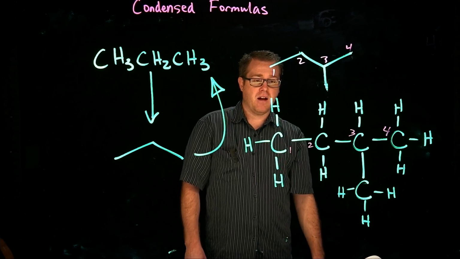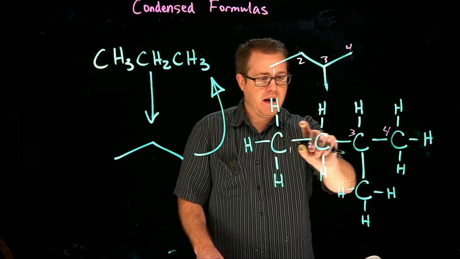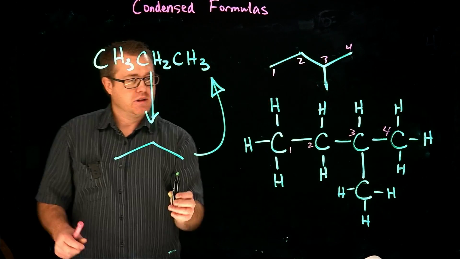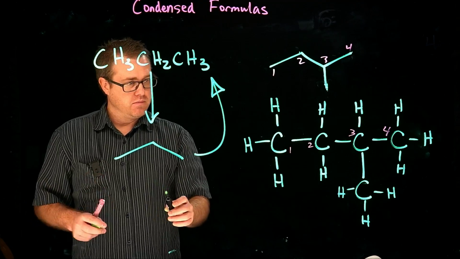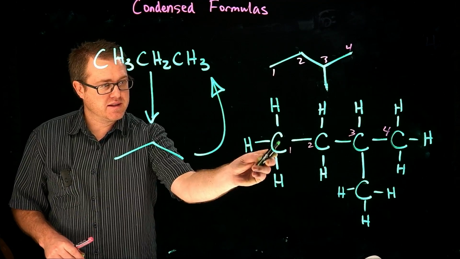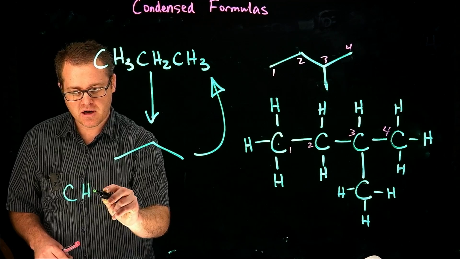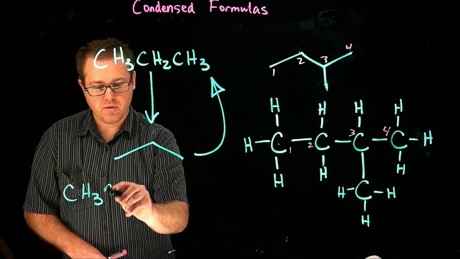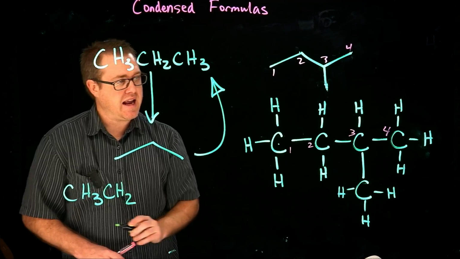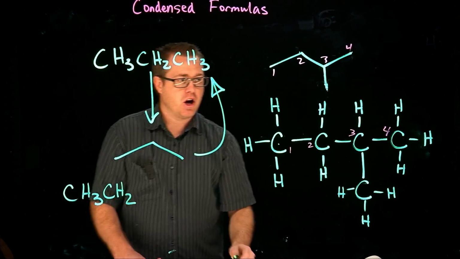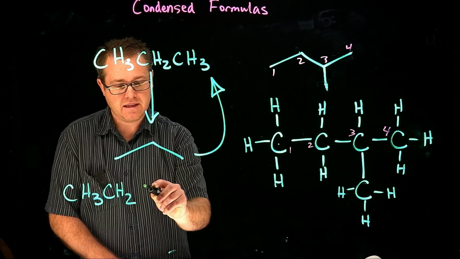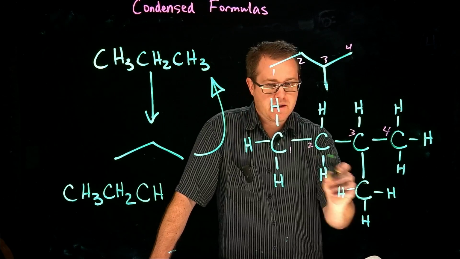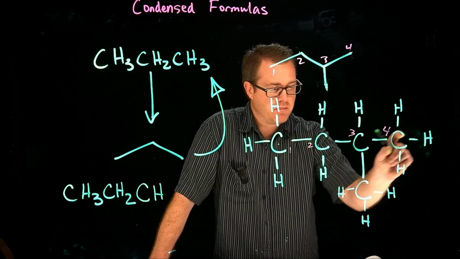And now from there, I see my chain of carbons. So I just start drawing this condensed formula. CH3, there's carbon 1. That's directly bonded to carbon 2, which is a CH2. Carbon 3 is a CH, because I'm just focusing on those pink numbers.